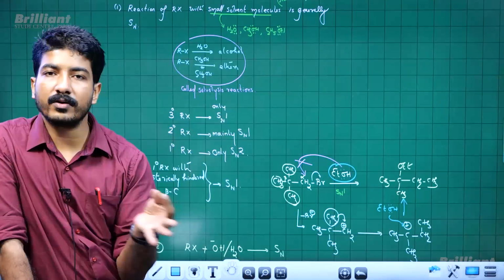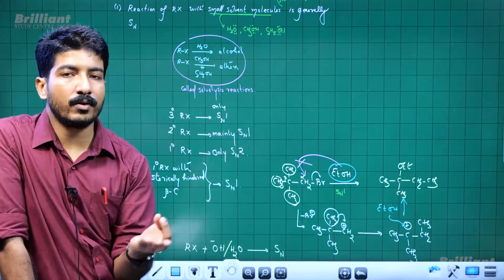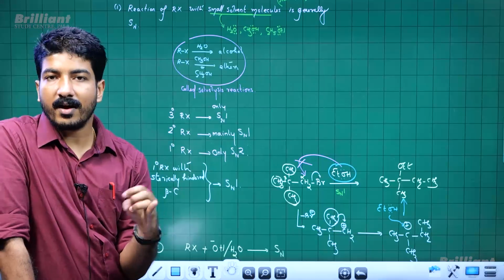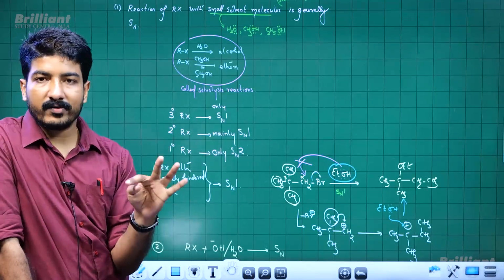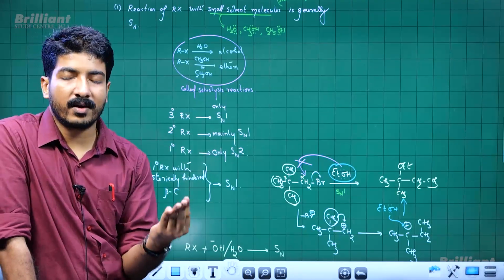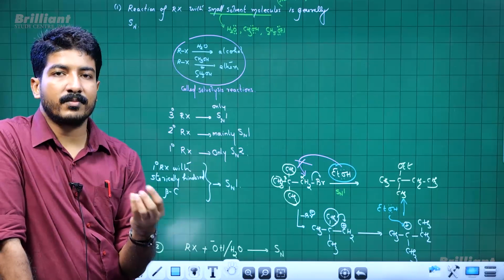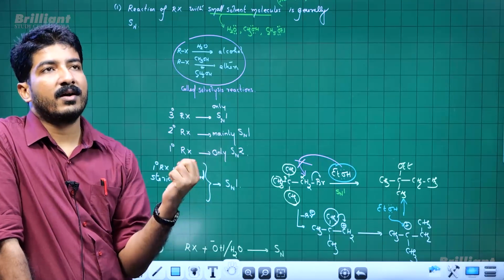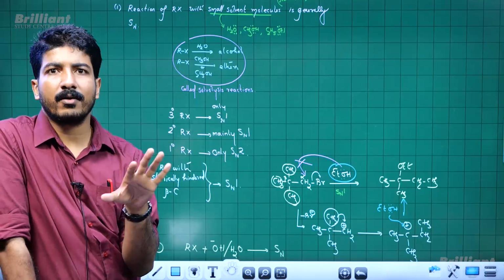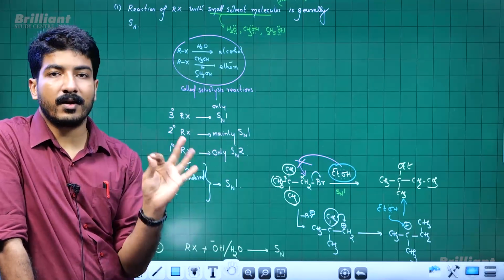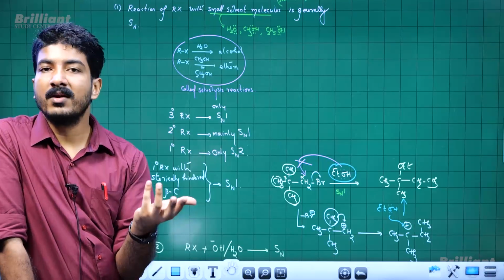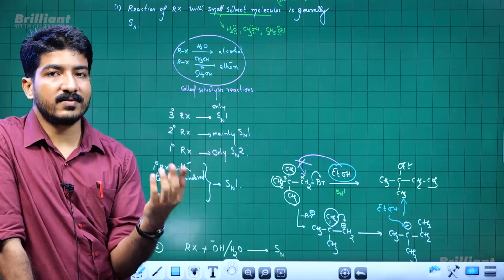If we take aqueous OH minus, we get nucleophilic substitution alcohol products. If we take alcoholic OH minus or OH minus in less polar solvents, then we may get alkenes as the major product by elimination reaction preference. And if we take any alkoxide and react it with a tertiary haloalkane, then we get elimination as the main reaction, and alkene as the main product.